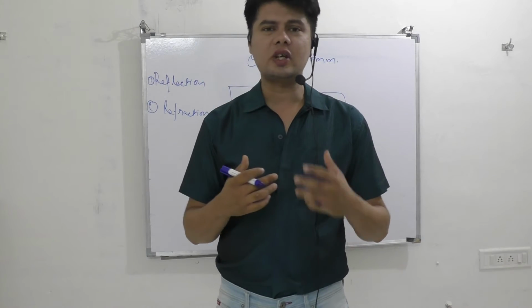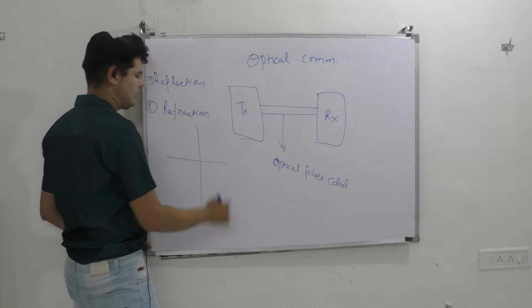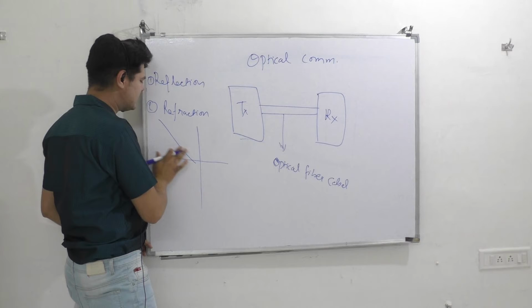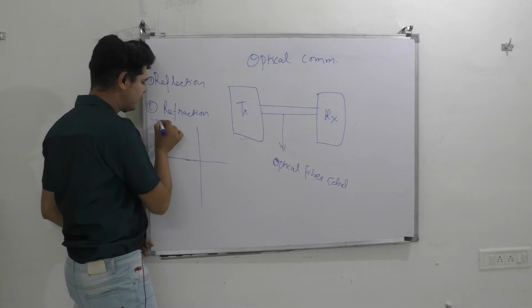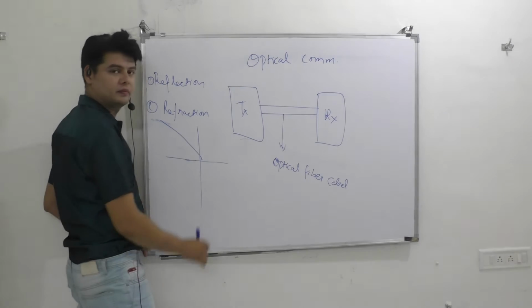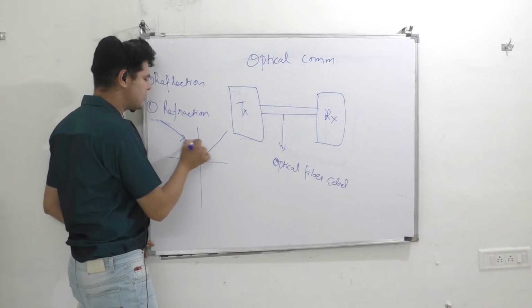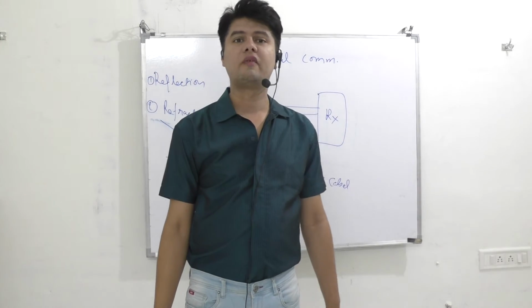So reflection is the process where, if the optical light is coming through one medium, it will reflect back into the same medium. This is called the reflection.